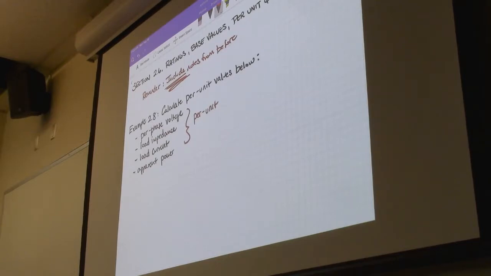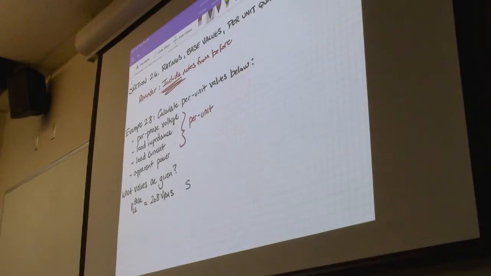All right, and so the values that it gives us, it tells us that the line-to-line voltage base is 208 VRMS, and it tells us that the three-phase power base is 5.4 kilowatts.